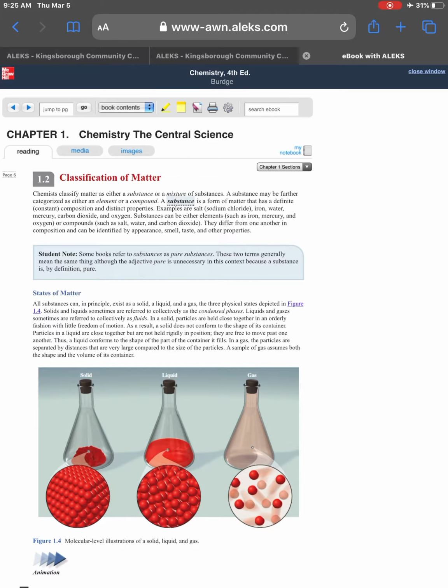Okay. Then there are mixtures, and mixtures are just combinations of substances. So for example, if you wanted to buy something that was 99% pure, so sometimes soaps will say they're 99% pure, or some type of oil, like you're going to buy some coconut oil, they might claim they're 95% or 99% pure.